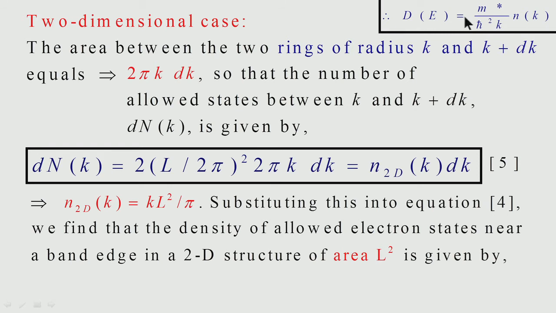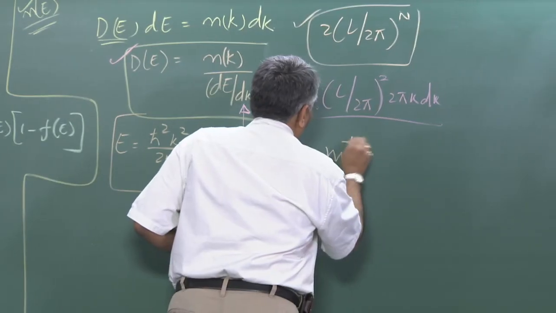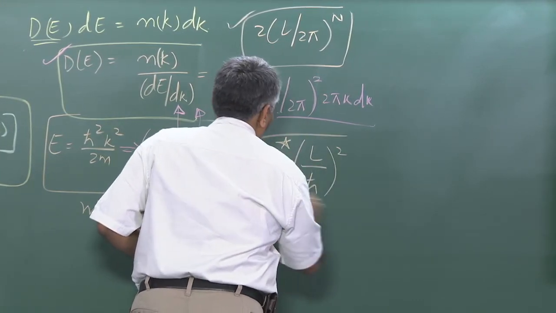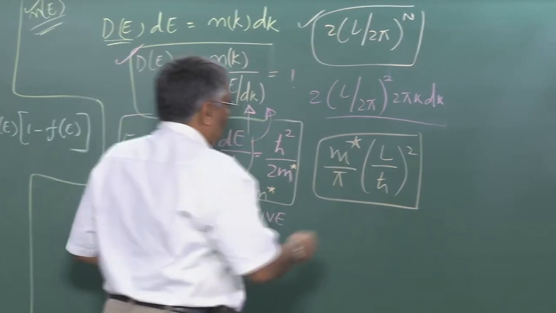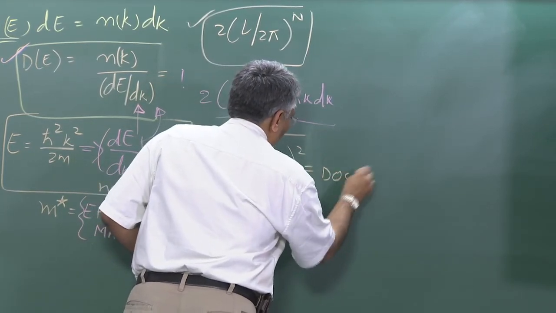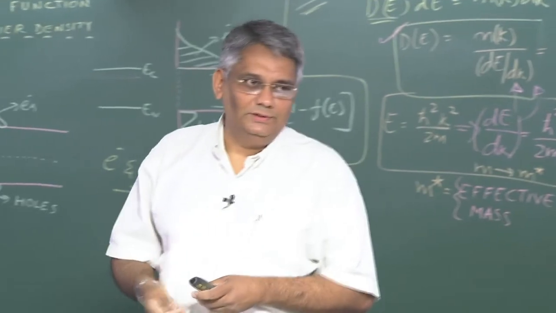Now if you substitute this into this equation, we find that the density of allowed states near a band edge in a two-dimensional structure of area L square goes as m star by pi L by h cross whole square. What is the striking feature in this particular equation?